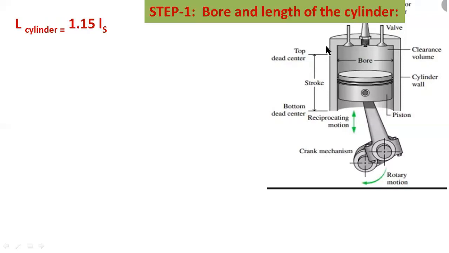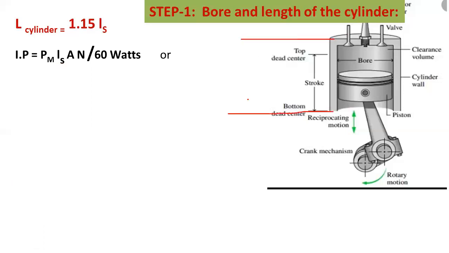to bear the gas pressures, length of the cylinder L equal to 1.15 into LS. Here LS is the stroke length, and L is the length of the cylinder. From here to here, this is the length of the cylinder.